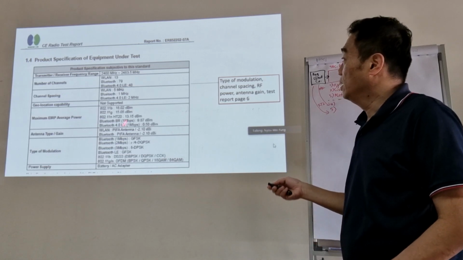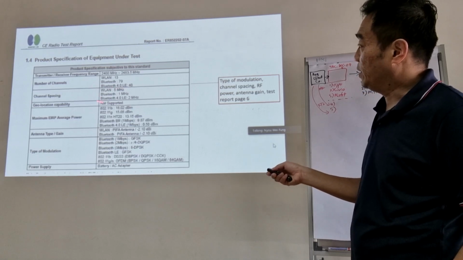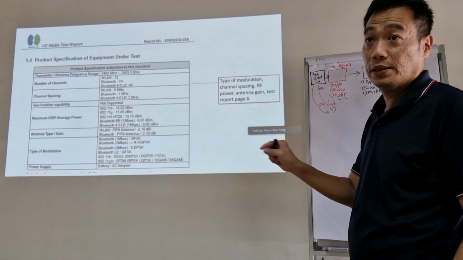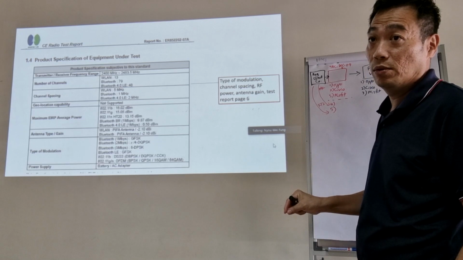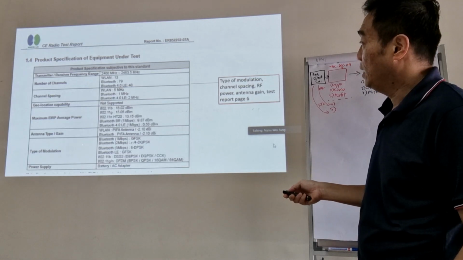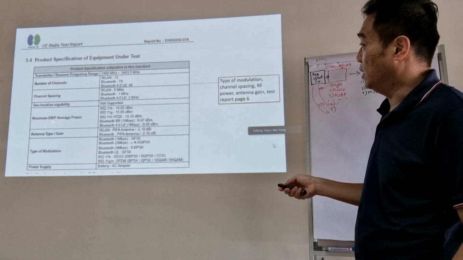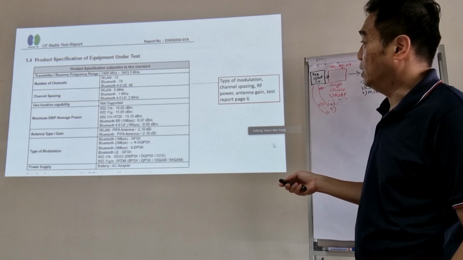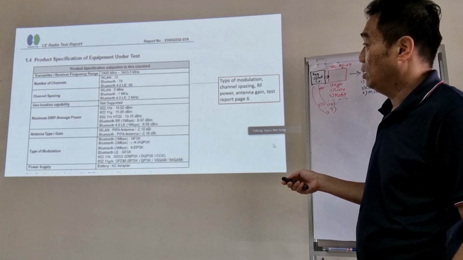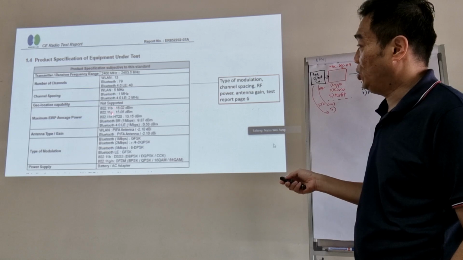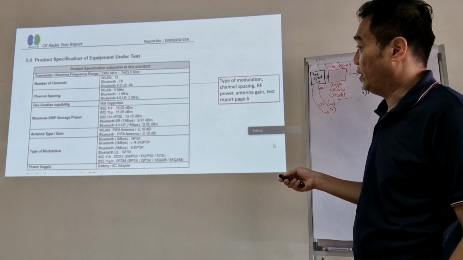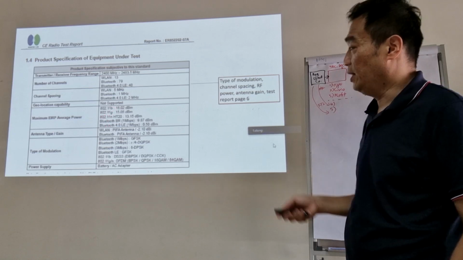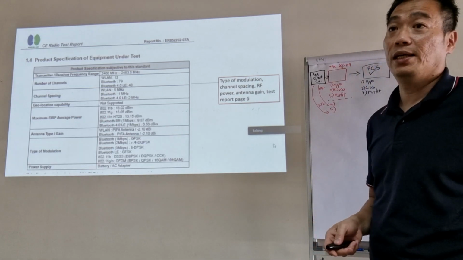Okay. Then this is how you fill up. We check how they fill up the result per test report. That's how they fill up. As well as because under the EIRP, even the wireless LAN, test-wise you actually have to do BGN. In fact, it's like 1, 2, 3, 4, 5 RF tests being done.